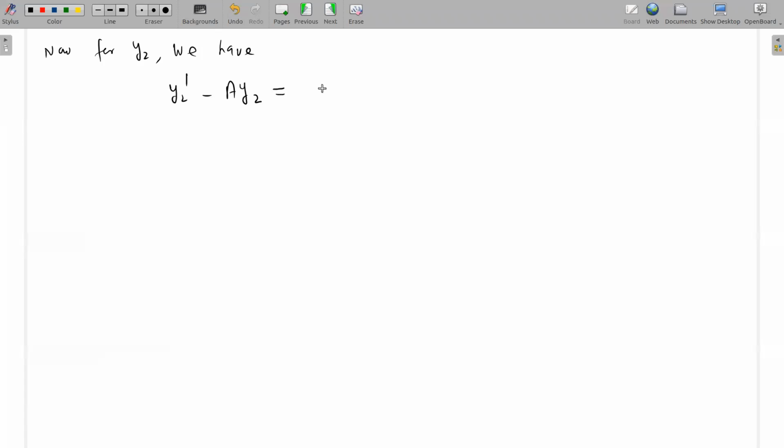So what will be the y2 derivative? It is lambda 1 v2 e power lambda 1 t plus v1 e power lambda 1 t plus v1 lambda 1 t e power lambda 1 t.